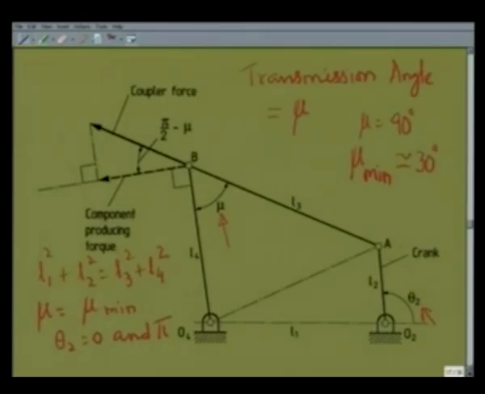To get this result that mu attains its minimum value for theta 2 equal to 0 and pi, if there is no quick return, that is L1 squared plus L2 squared is equal to L3 squared plus L4 squared, this relationship holds good. It is very easy to show if we consider the length O4A. O4A I can write in terms of L3, L4 and mu.